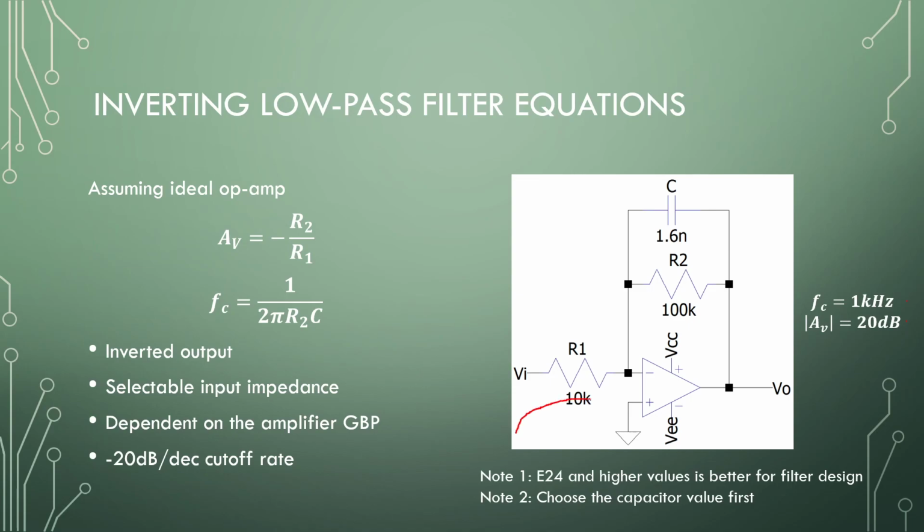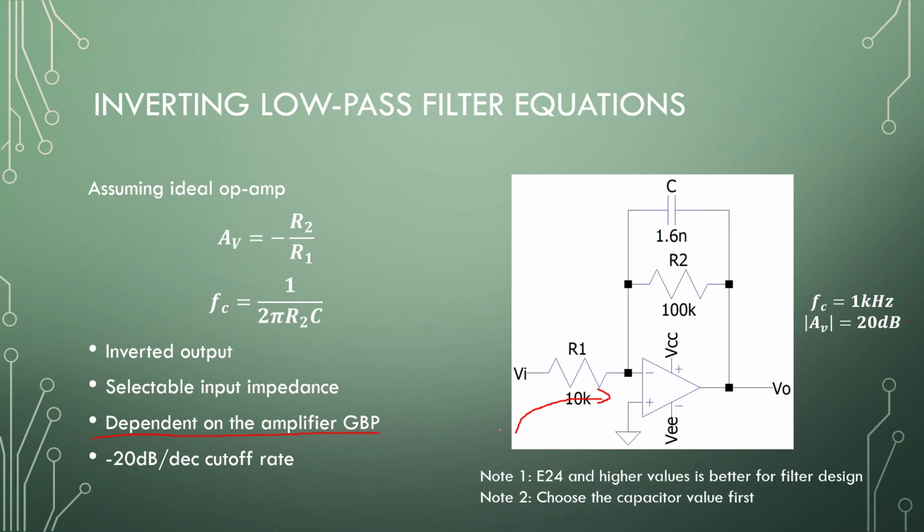The second nice thing is you can select the input impedance for this filter. Remember that this will be affected by the gain bandwidth product of your amplifier.